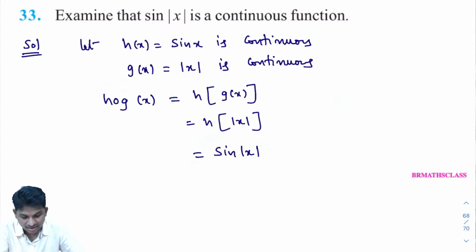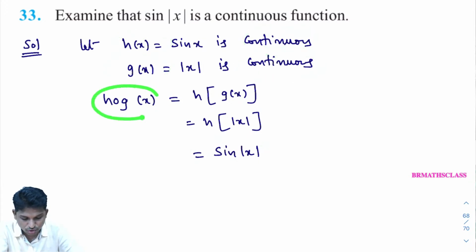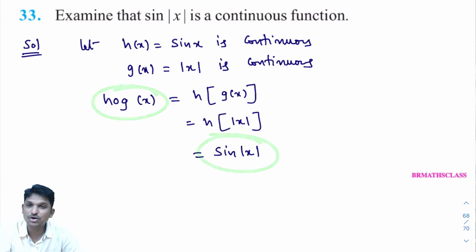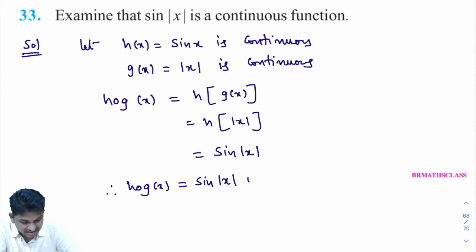Now h of x is continuous, g of x is continuous. So what do you know from the theorem? You know that h circle g of x is continuous. Therefore h circle g of x, that is sin of mod x, is continuous.